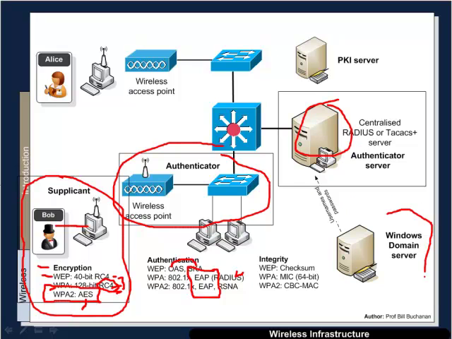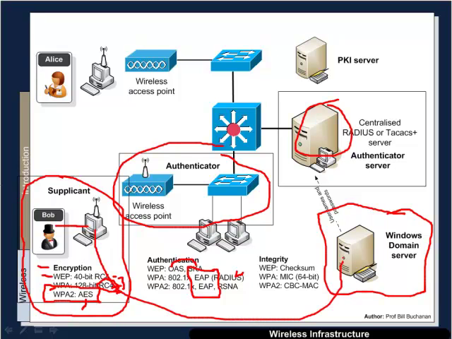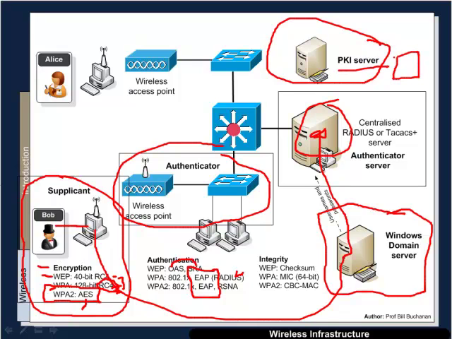We can then also synchronize our back-end Windows domain server, so if a user changes their username and password on the system, it can be synchronized into the Radius server to make sure that their new password can be used to authenticate themselves onto the wireless network. We might also have a PKI server for us to be able to check the authenticity of our digital certificates.